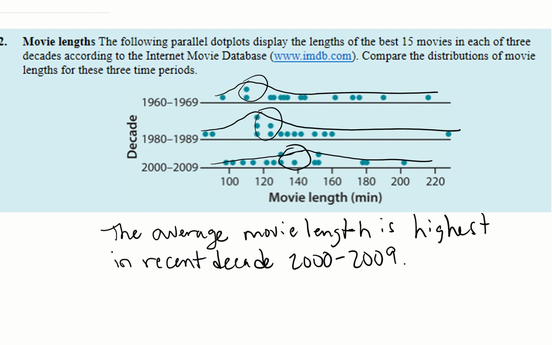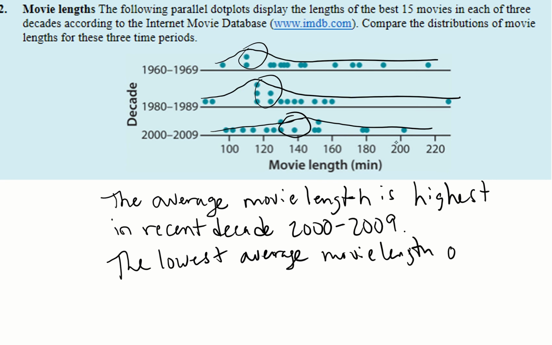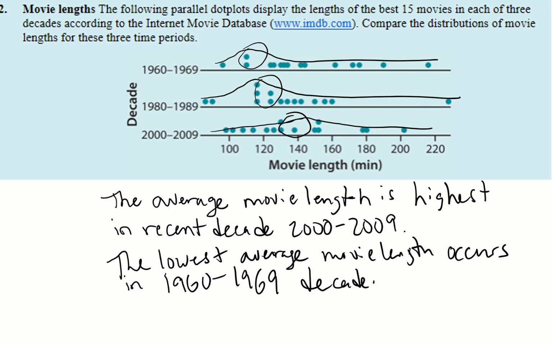And it seems to be lowest in the oldest decade here from 1960 to 1969. Okay, so the lowest average movie length occurs in the 1960 to 1969 decade. So that's talking a little bit about the averages, right? And then the middle one is middle of the road as far as the average.